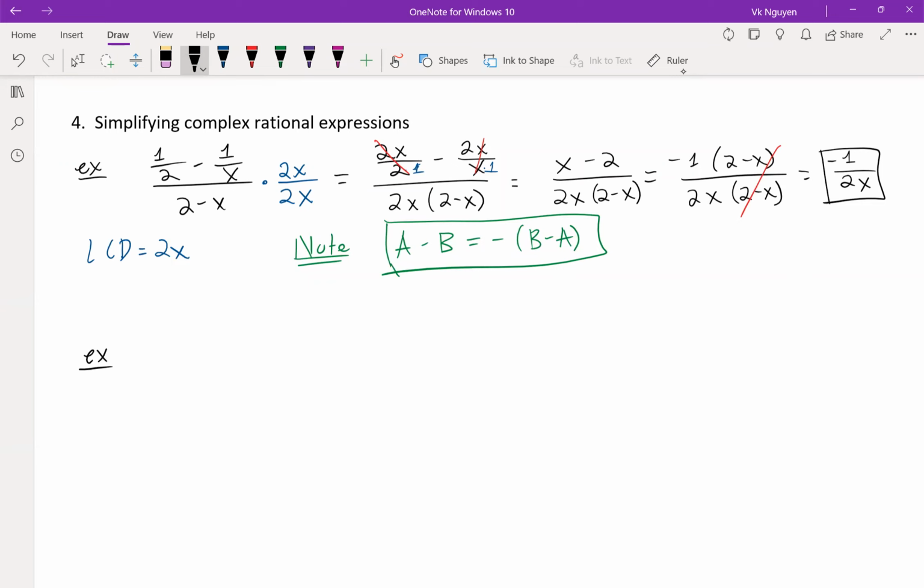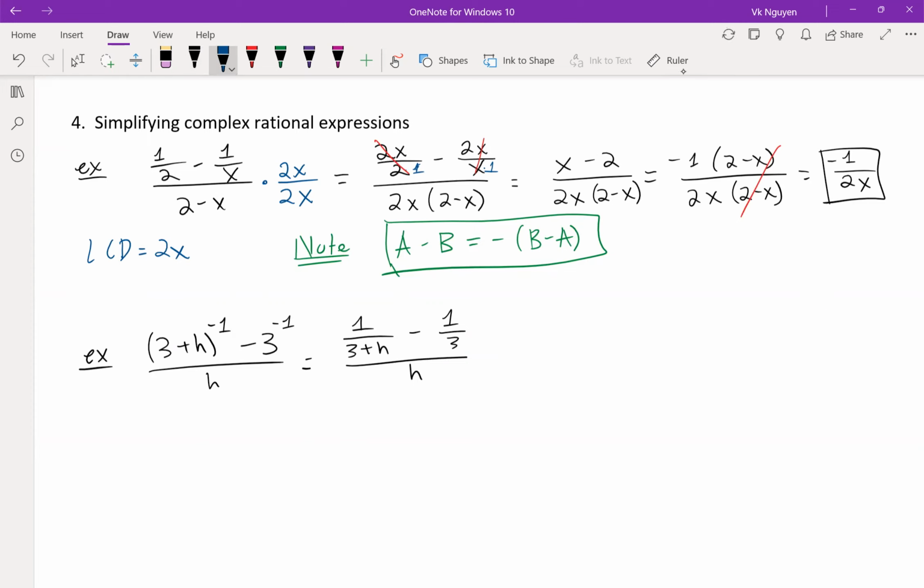Another example is 3 plus h to the -1 minus 3 to the -1, over h. The exponent -1 tells us that we have 1 over 3 plus h minus, similarly, 1 over 3, over h.